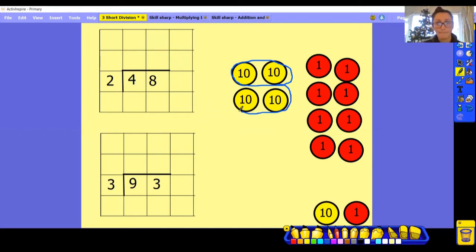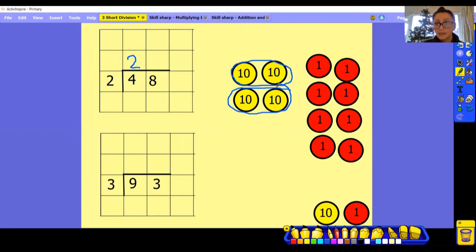Yes, I can. So how many groups of 2 do I have? 1, 2. And if you know 4 divided by 2, so how many 2s do you need to have 4? 2, 4. That would equal 2.